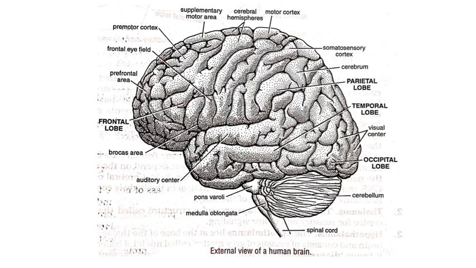It is enclosed in a brain box or the cranium and is surrounded by three protective membranes: the outer dura mater, middle arachnoid matter and inner pia mater. These membranes are collectively called meninges.